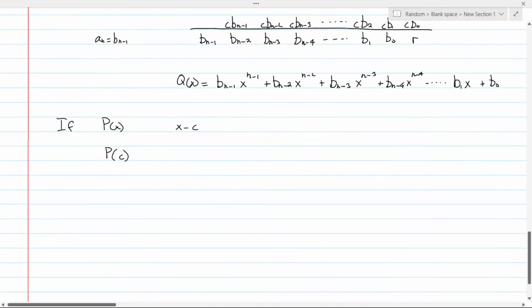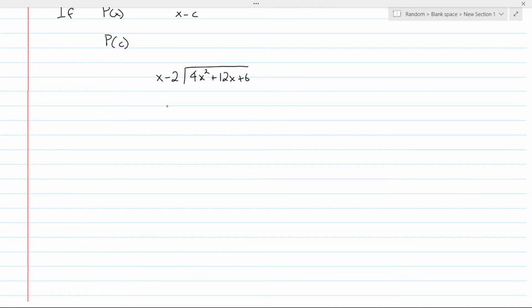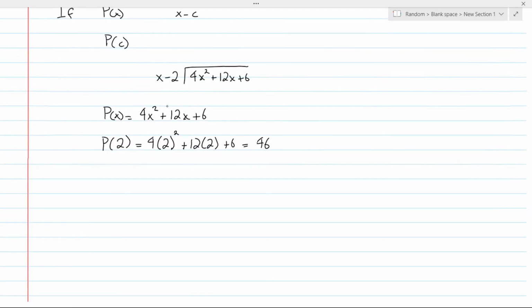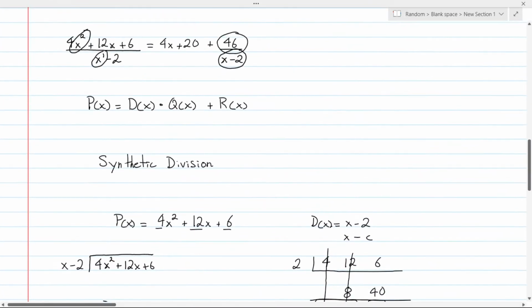For example, in this case, p of x is equal to 4x squared plus 12x plus 6, and p evaluated at 2 gives us 46, which was the remainder we found earlier.